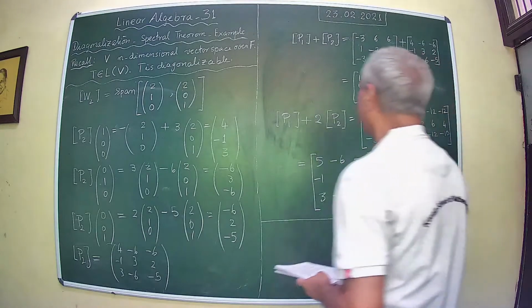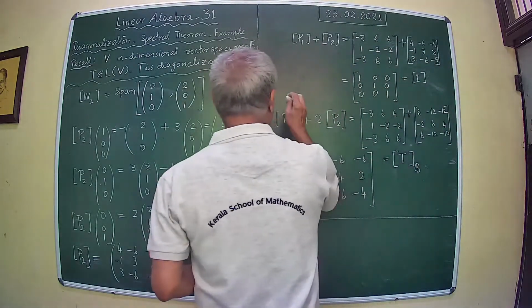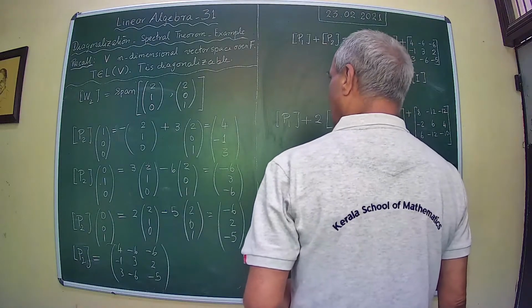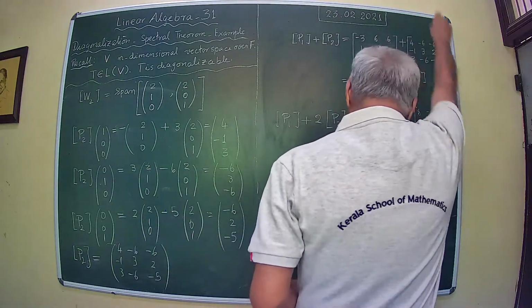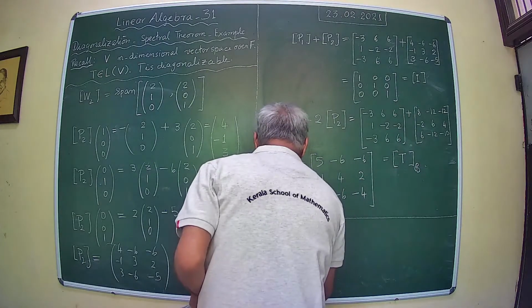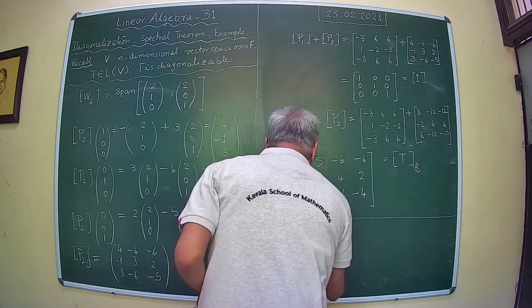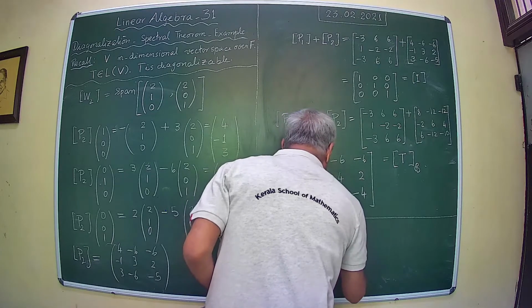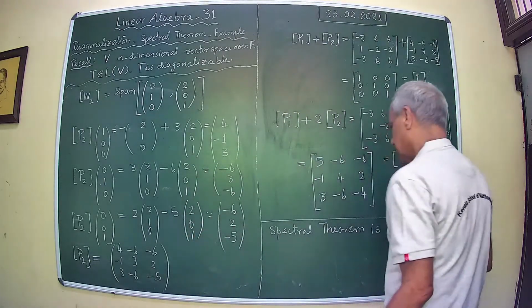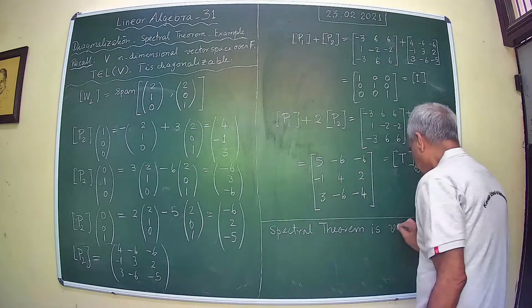So we have essentially written down the spectral theorem for whatever is happening in F^n cross 1. So the spectral theorem is valid.